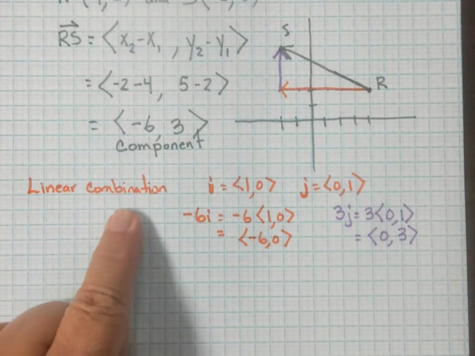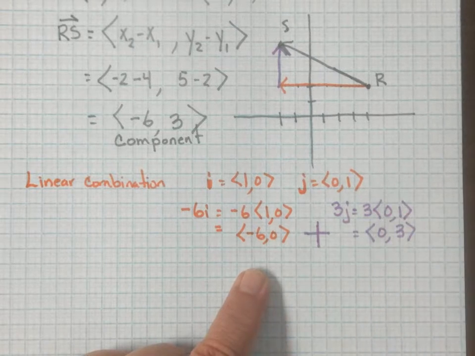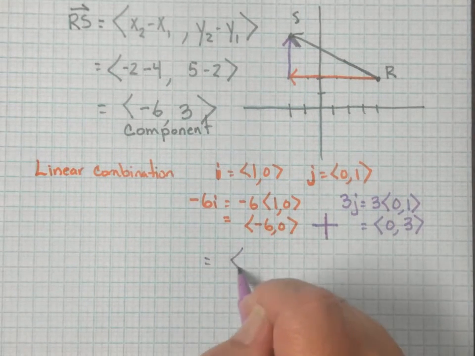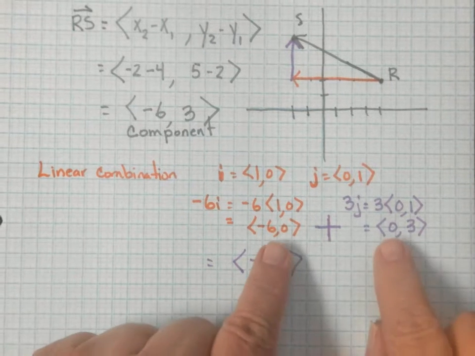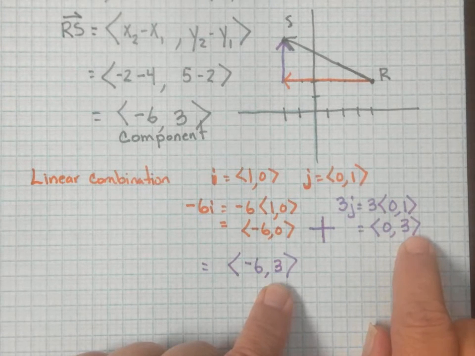And then if I add these two vectors together, that would give me -6, 3, because I add my horizontal components and I add my vertical components.